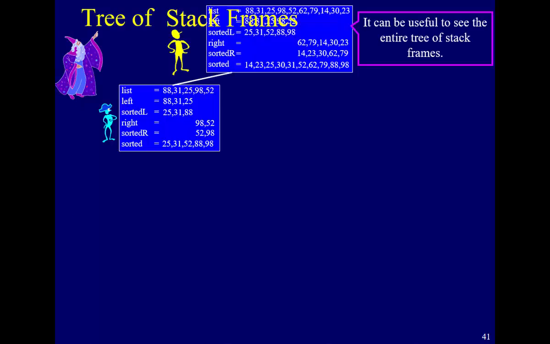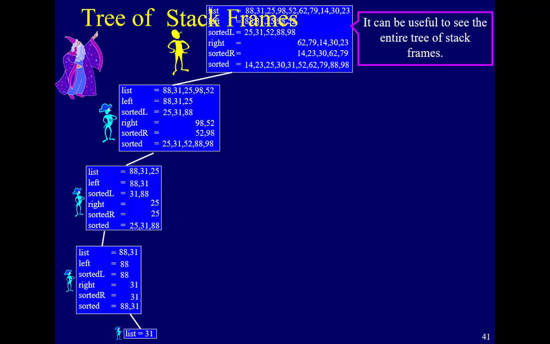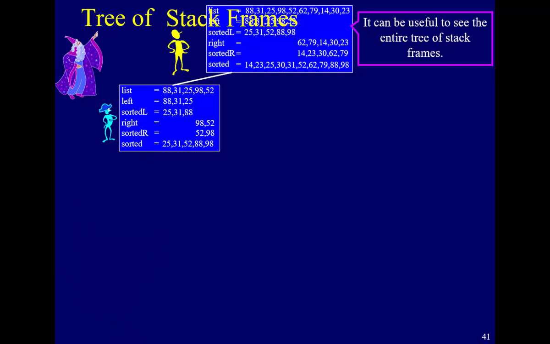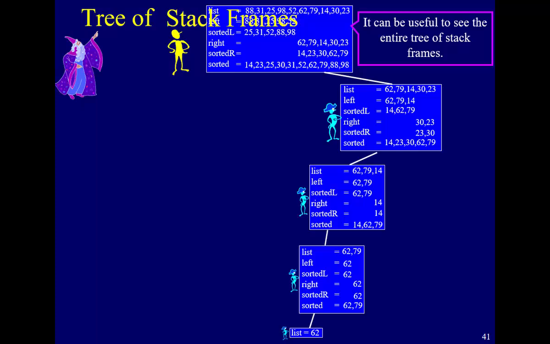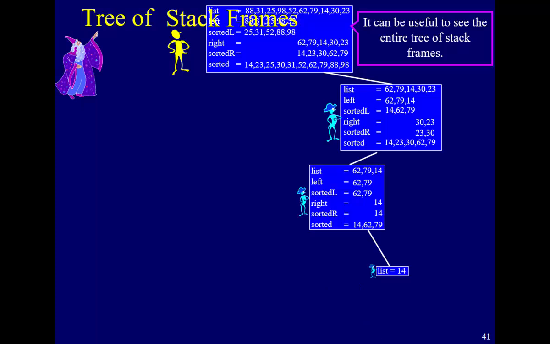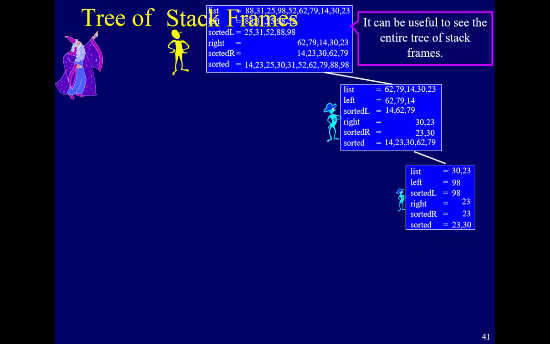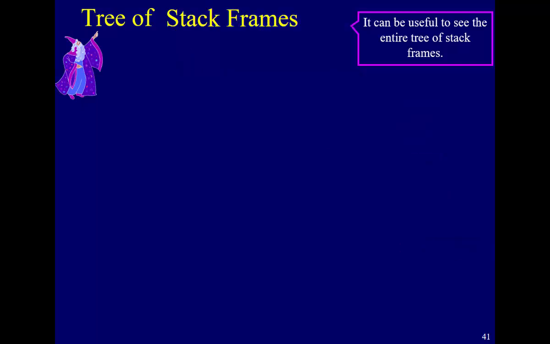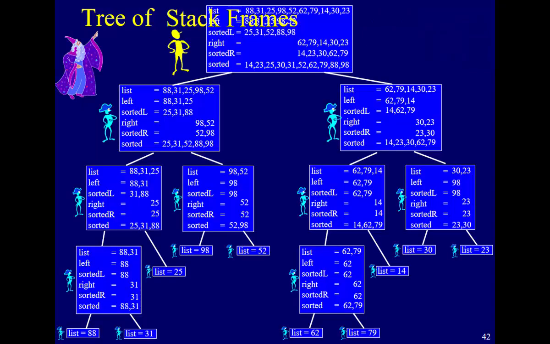So then there's the idea of a tree of stack frames. Come on, tree of stack frames. Oh, here they come. Here's the recursion happening. And you get the tree. Everybody good?